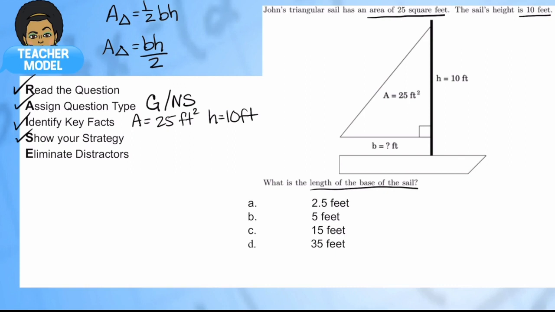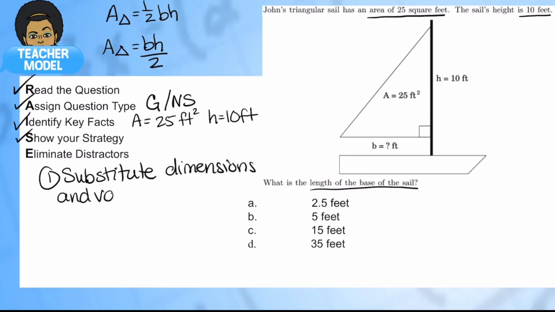All right, so what is my strategy going to be? It's going to be very similar to what I did in the rectangle. We're going to substitute what we know. So here's our strategy. 1, we're going to substitute dimensions and values into the area formula.